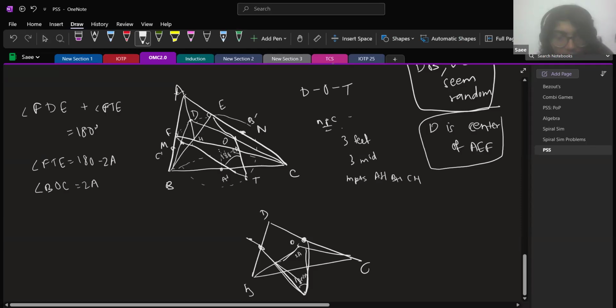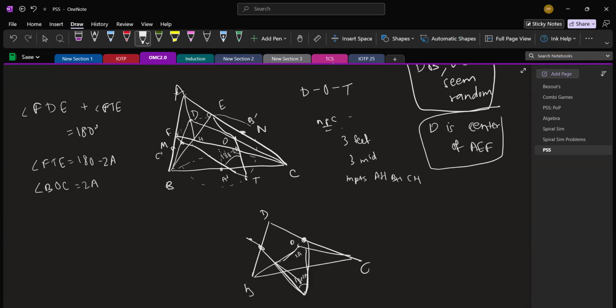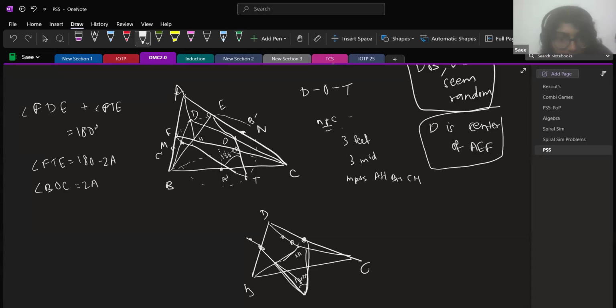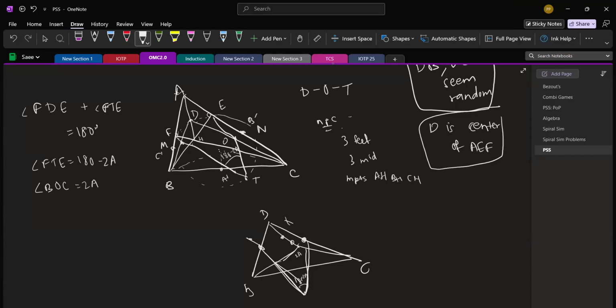This is O. Is O the midpoint of DT? I don't know. What about DO rather? What about the midpoint of DO, what will that achieve? I was thinking we could get some cyclicity because of that 180 minus 2A, but I'm not sure it helps.